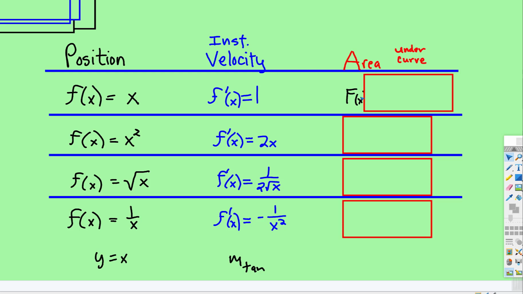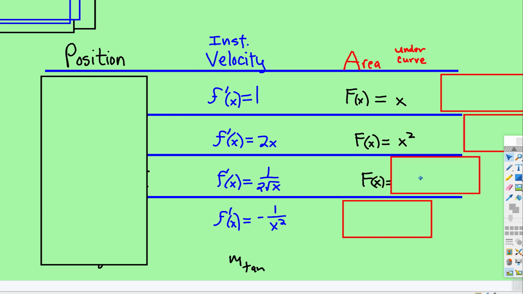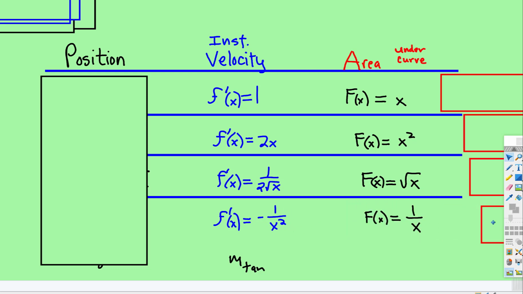That notation means find the integral, and the integral is area under a curve. So look at what happens if I cover these up for just a second. The antiderivative of 1 is x. The antiderivative of 2x is x squared. The antiderivative of 1 over 2 square root x is square root x, and the derivative of negative 1 over x squared is 1 over x.